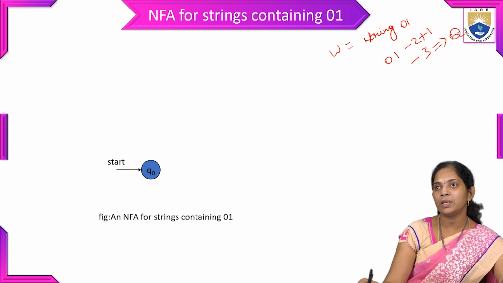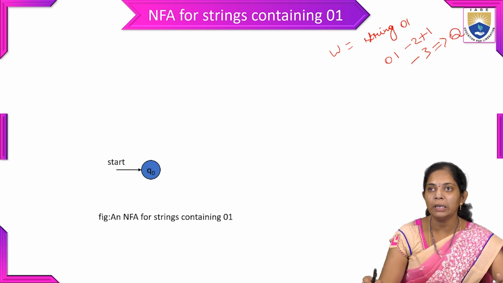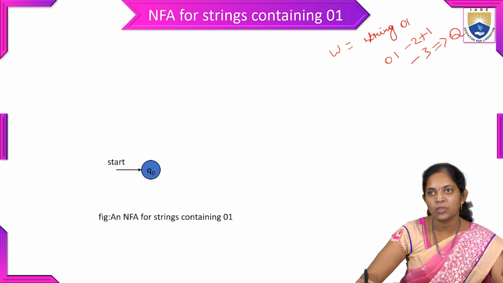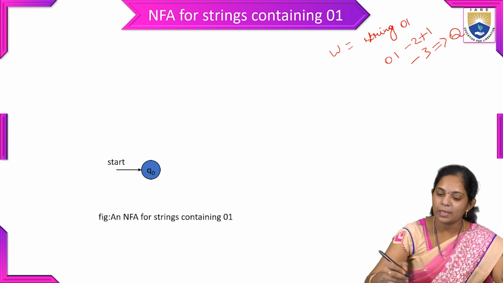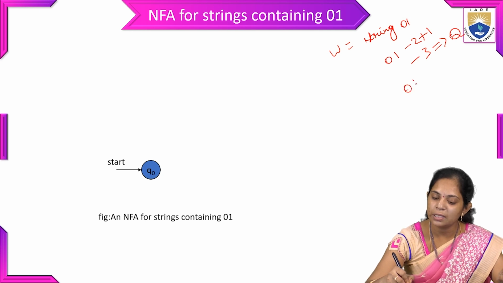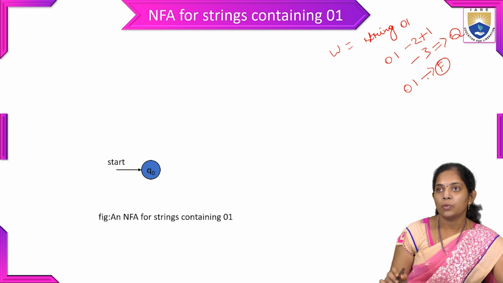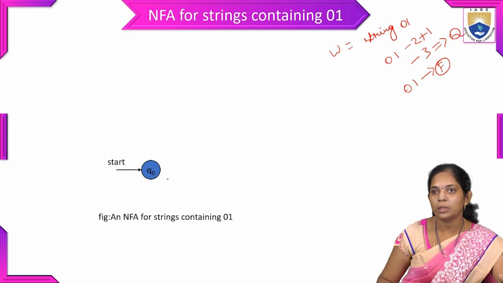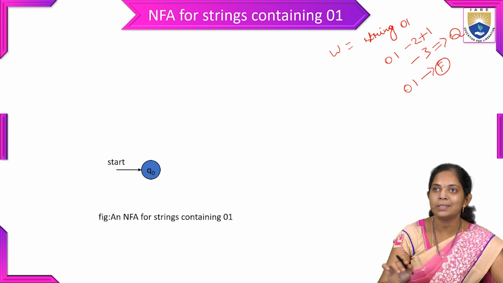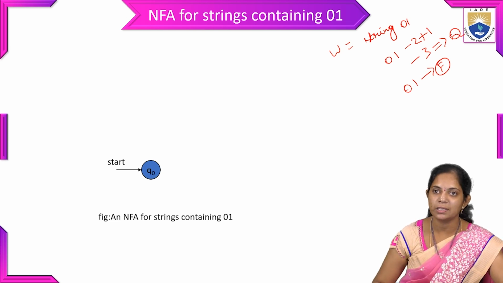How many states do we require for the NFA construction? For this string containing 0, 1, we require 3 states. 0, 1 should reach the final state. We already initiated Q naught, and we have to add two more states for the string 0, 1.